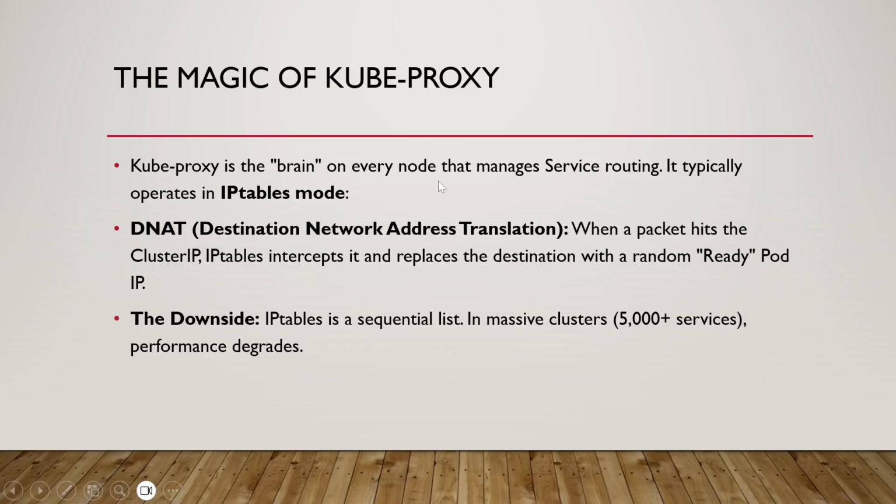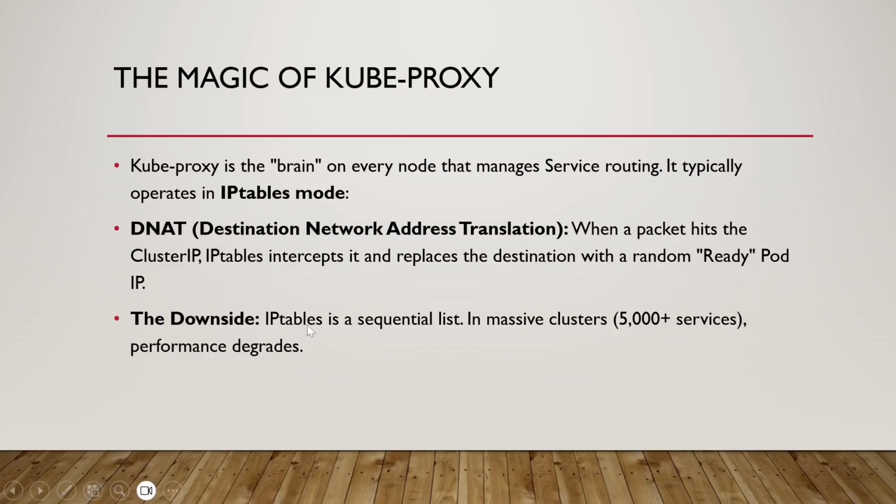Kube-proxy directly communicates with the API server on the controller node, and as per the direction received from the controller, it injects the changes inside the host kernel, or you can say node kernel.